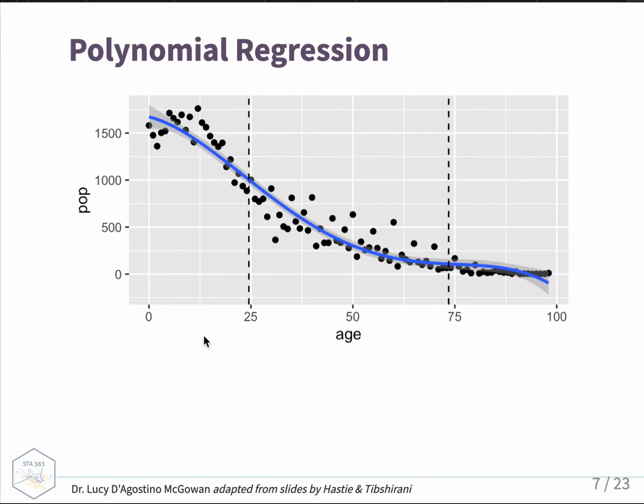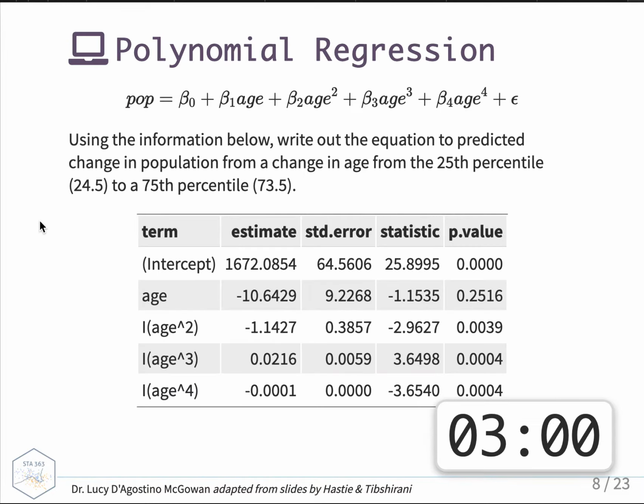Coming back to our polynomial regression example, the 25th percentile of age is just a little bit less than 25, and the 75th percentile is a little bit less than 75. So I can look at the change in population between the 25th percentile and the 75th percentile.